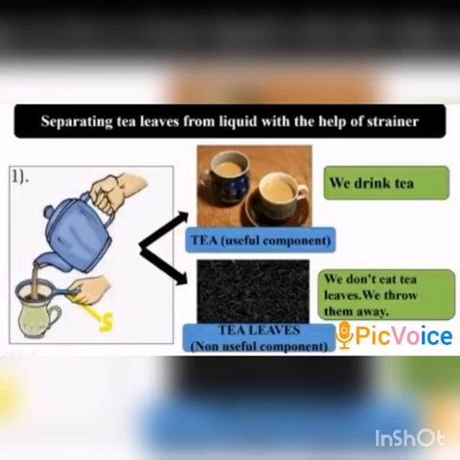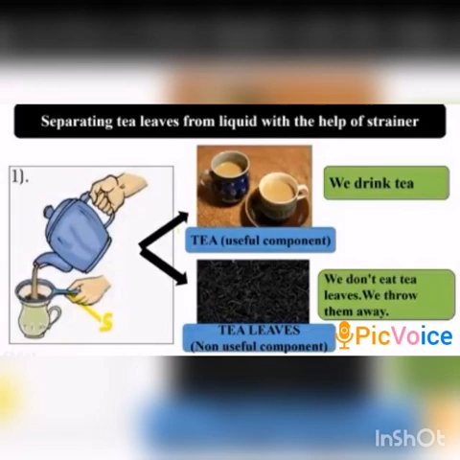Here, the tea is a useful component and the tea leaves are a non-useful component. We use the tea, that is the useful component, and we don't eat the tea leaves. Yes, we throw them away.